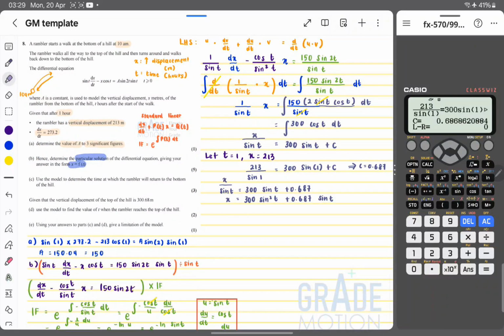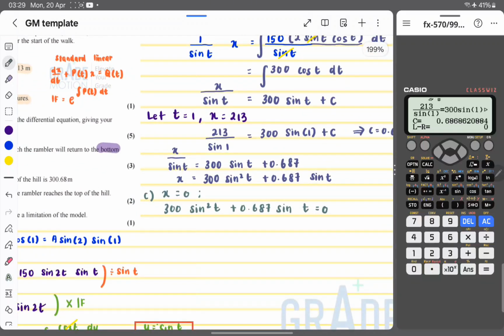Use the model to determine the time which the Rambler will return to the bottom of the hill. So bottom of the hill, that means x is equal to 0. So 300 sine squared t plus 0.687 sine t equal to 0. Let's factor out sine t.